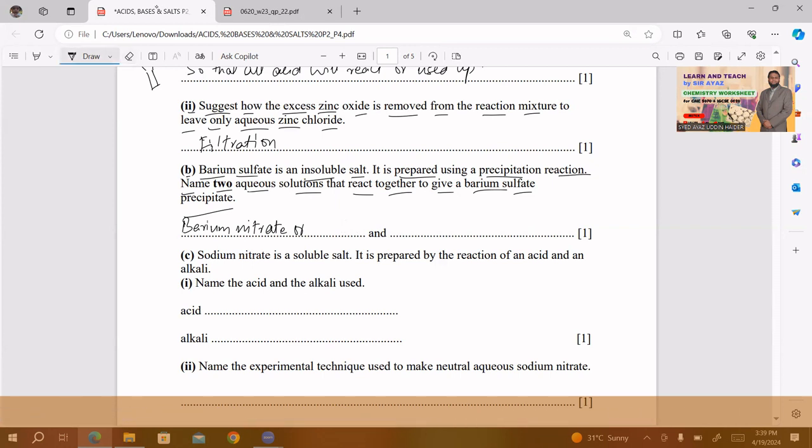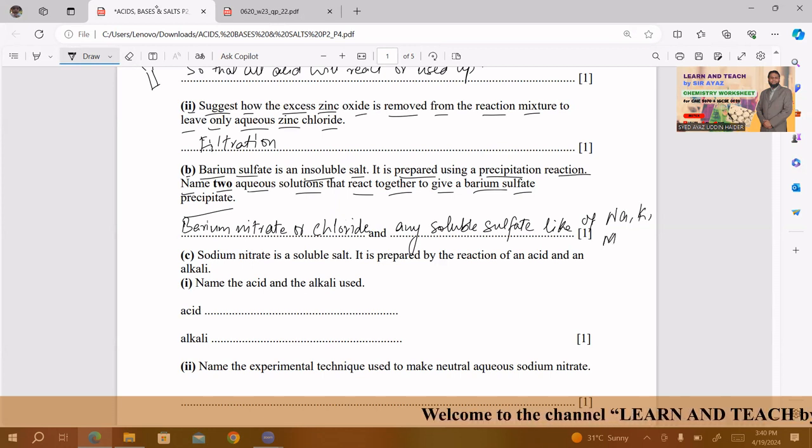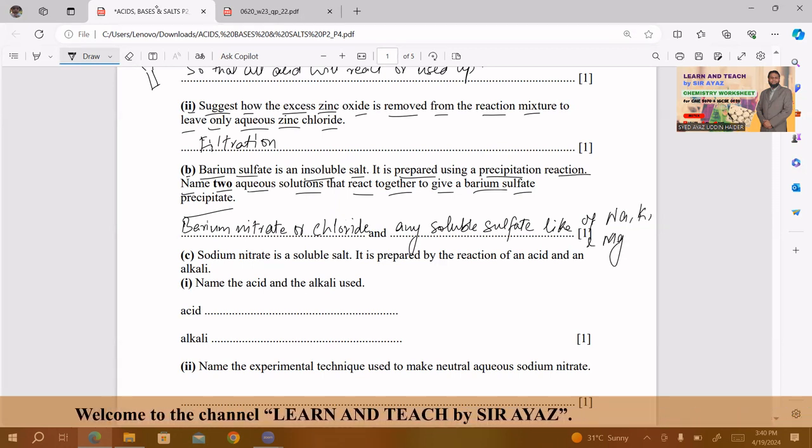We'll take barium nitrate or chloride. And you can use any soluble sulfate, like of Na, K, Mg.